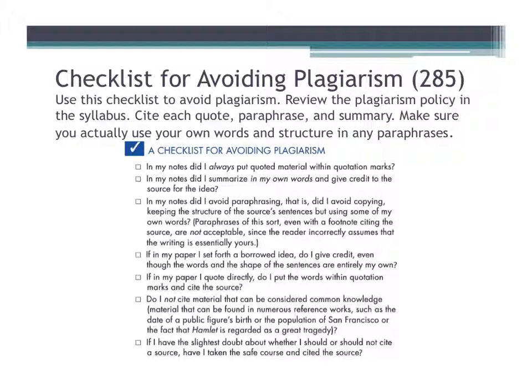So make sure that you always put quoted material within quotation marks, make sure you summarize in your own words and give source credit for every idea. Make sure that you paraphrase correctly. If you use someone else's idea, make sure you give credit even if you put it into your own words. Always put the exact words of other writers in quotation marks and add citations.